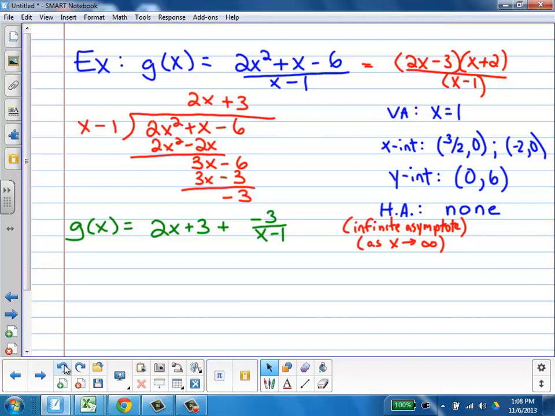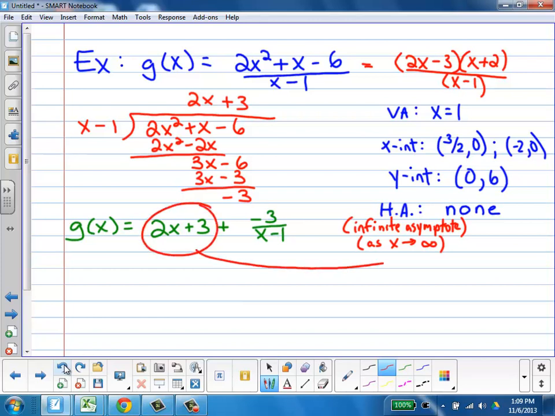Now let's look at this new version of g of x. What happens to that fraction part as x gets huge? If x gets huge, this fraction becomes insignificant. It becomes 0. And all that's left is this 2x plus 3. This 2x plus 3 becomes our infinite asymptote. It's not a horizontal asymptote.